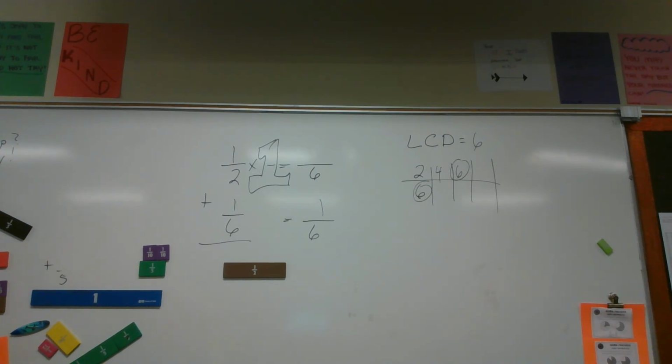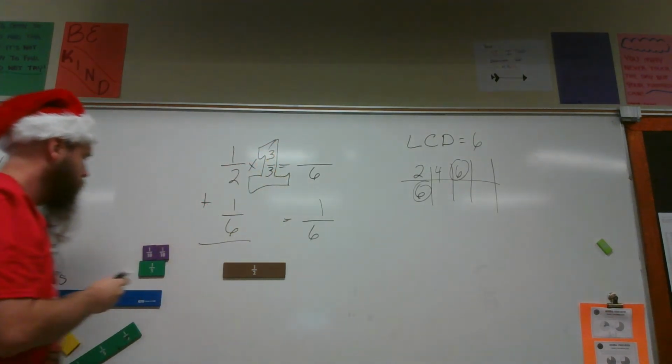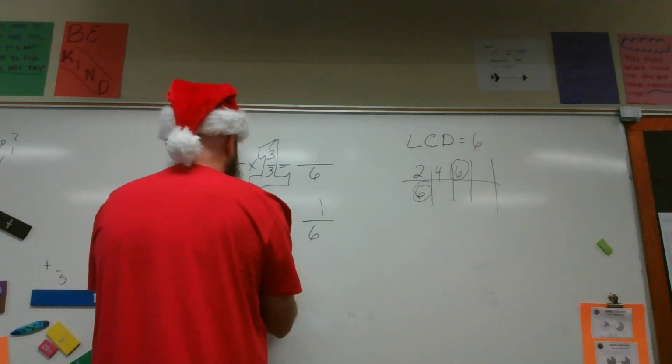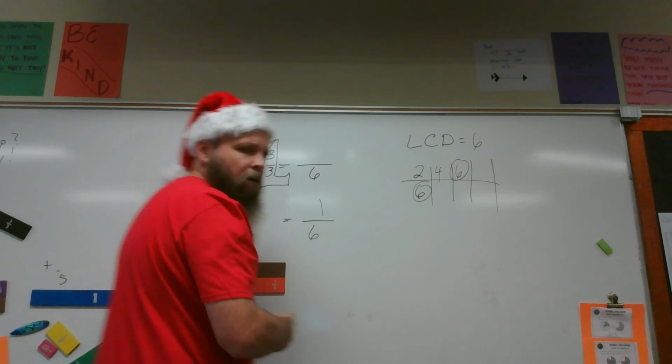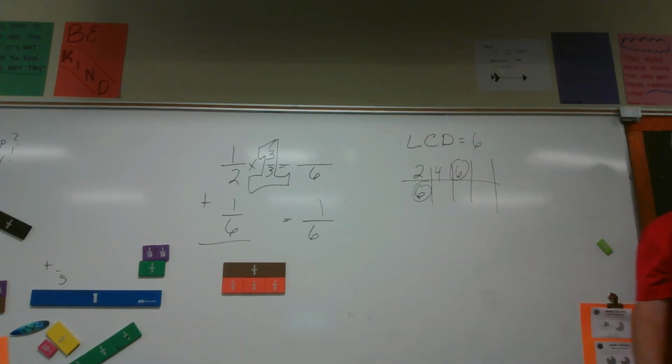Count by 2s. 3. Since I don't want to change the value, I have to multiply by 3 over 3, because that's 1. And 1/2 does equal 3/6.